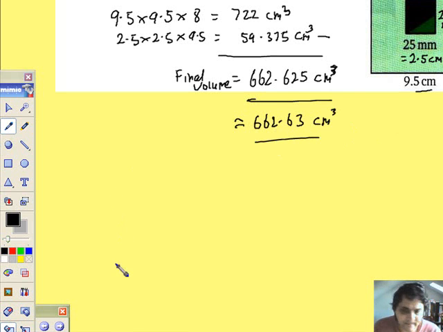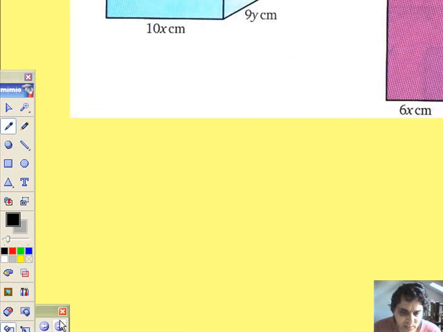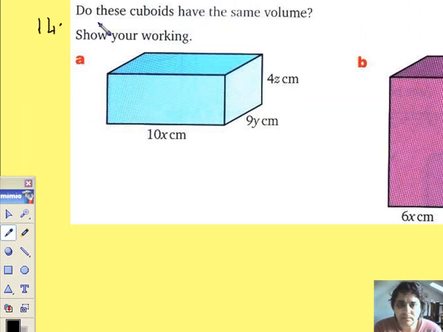Right, it's question 10. And next one is, I rarely do these problem solving ones, but I thought it's interesting because we've got 3D shapes, geometry, shape and space mixed in with algebra, so I rather like that. By the way, the unit is of course algebra and geometry, so they're allowed to do this. Do these cuboids have the same volume?